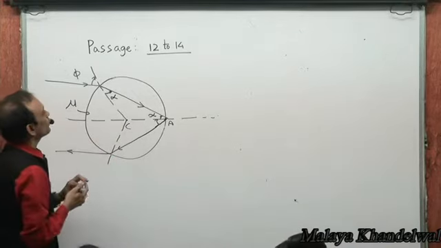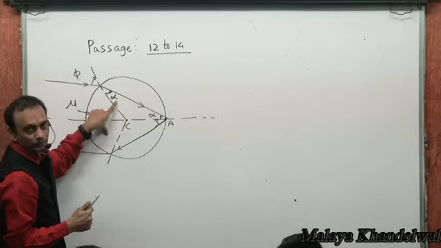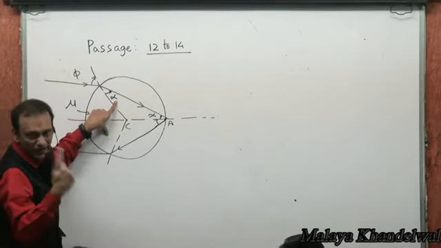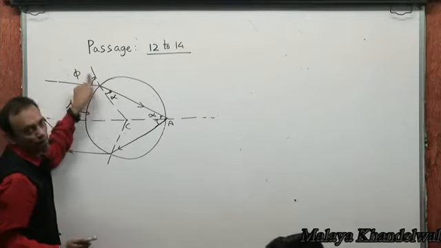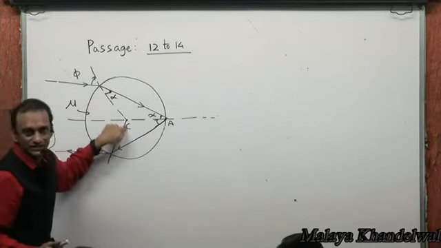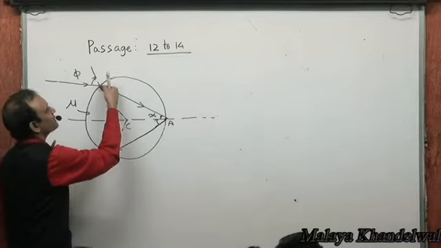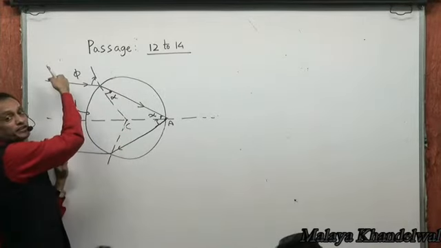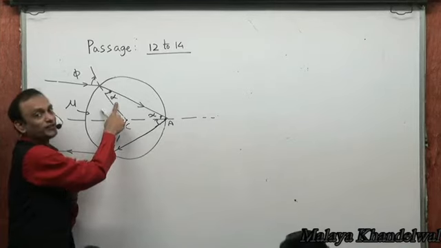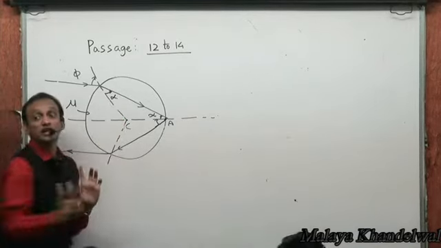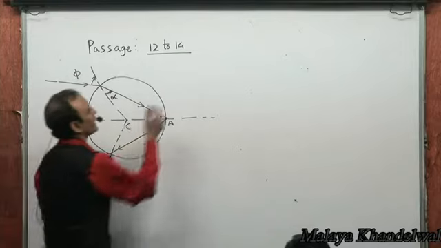I'm saying for alpha to have been critical or more than critical, this phi-alpha combination wouldn't have existed, isn't it? That means if a ray of light went like this, it would have gotten refracted like this. Therefore, obviously alpha is not the critical angle. It's certainly less than the critical angle.